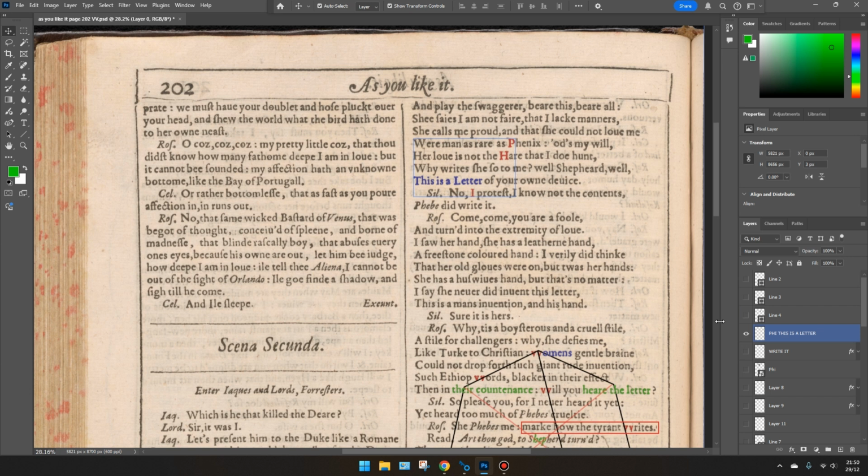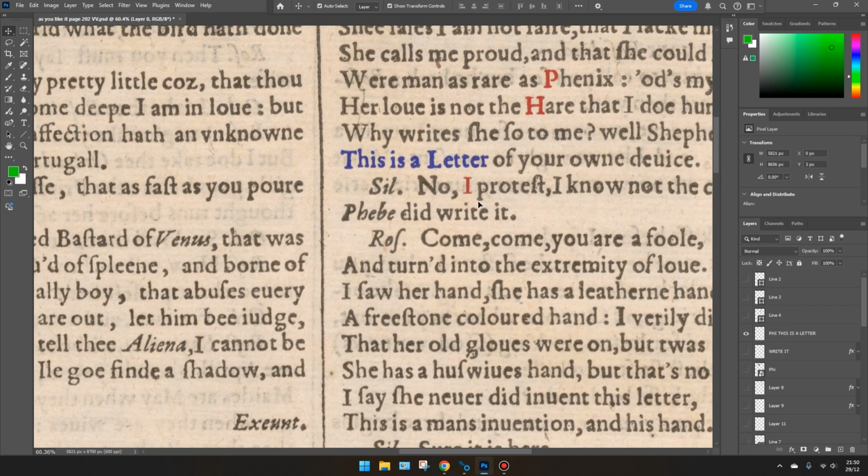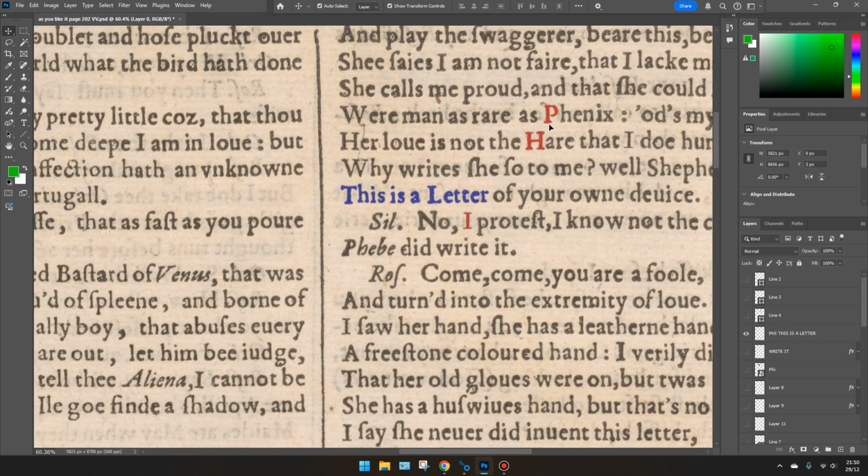If we take a look, what we've got is PHI, basically phi, which is the Greek letter, the 21st or 22nd letter of the alphabet, basically giving us the F sound. And it's basically saying here, this letter. So it's actually saying that we have got what could be described as a letter.